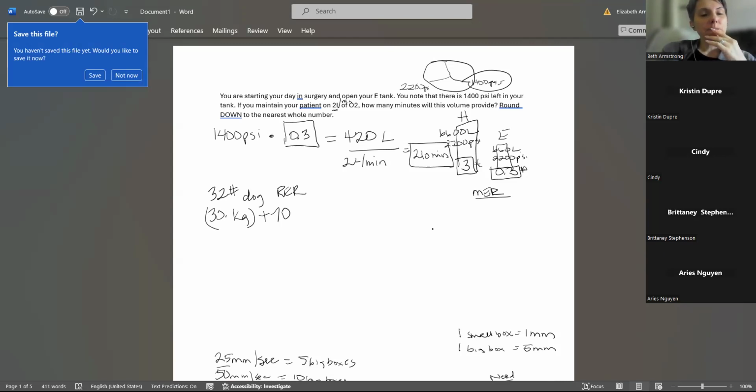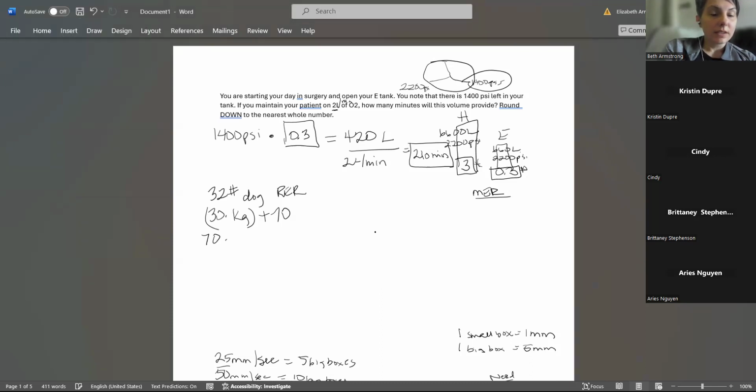So what other formula is there? Anyone know? I'll give a hint. 70 times kilograms to what? 0.75.